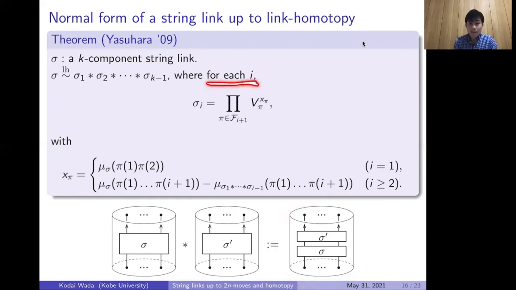For each i, sigma_i is a k-component string link of this form. More precisely, the stacking product of b_pi to the power of x_pi. The stacking product runs over all injections pi in F_{i+1}, and where the exponent x_pi is this integer.